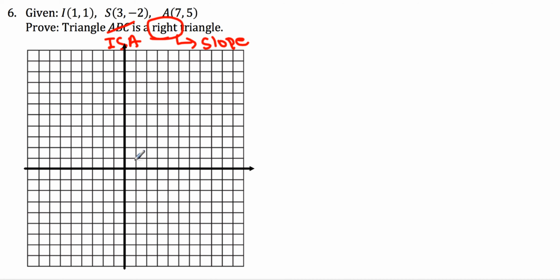I is 1 comma 1 here. S is 3 comma negative 2. And then A is 7 comma 5. All right, so that's A, that's I, and that's S. And we'll try to connect the dots.